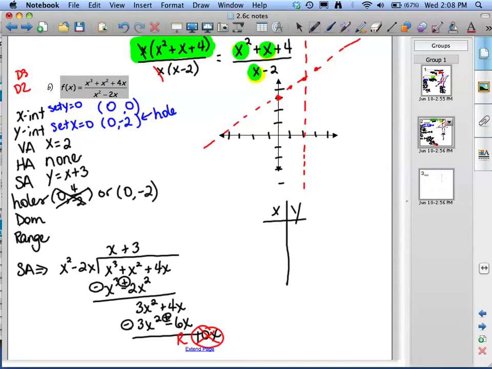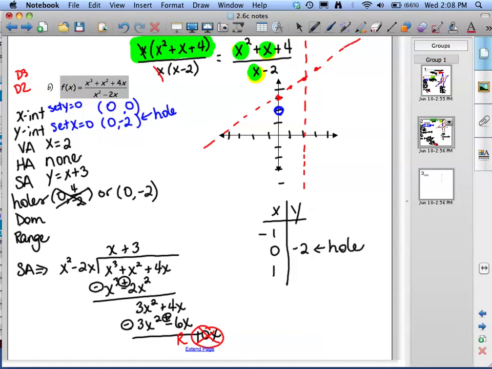If my asymptote is 2, what are 2 numbers to the left? Let's do -1, 0, and 1. I've already done 0. That's where my hole is. So I'm going to go ahead and draw that on there. But that may help us. I know that it's 0. It would be -2, but that's my hole.